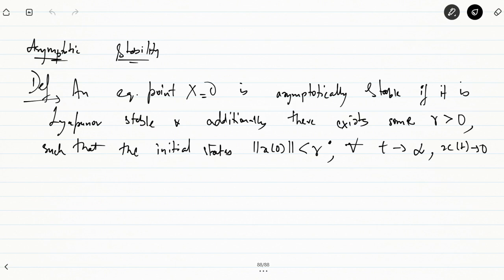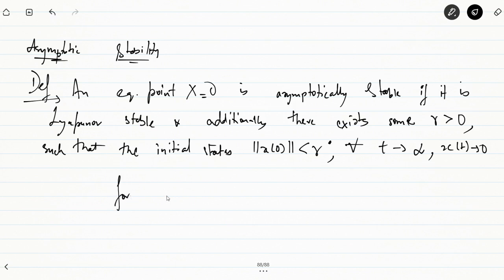In the domain of asymptotic stability, it is still Lyapunov stable, but as far as asymptotic stability is concerned, it will not be called asymptotically stable. It will be called a marginally stable system. Fine. So this is the second definition that was dealing with the asymptotic stability of the system.